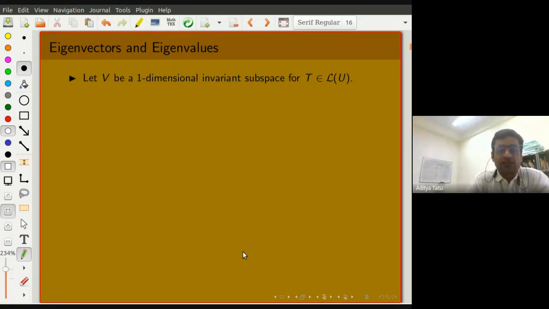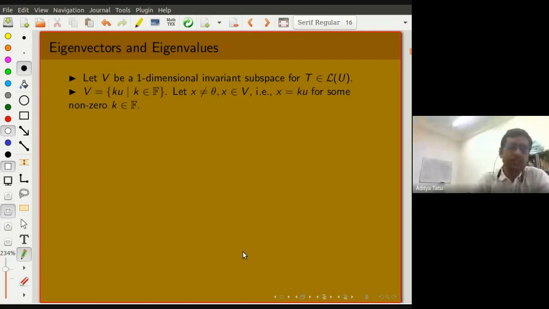Okay? So let V be a one-dimensional invariant subspace for a specific given linear operator T. So the only difference from the previous cases is that we are specifying that this invariant subspace V is one-dimensional.